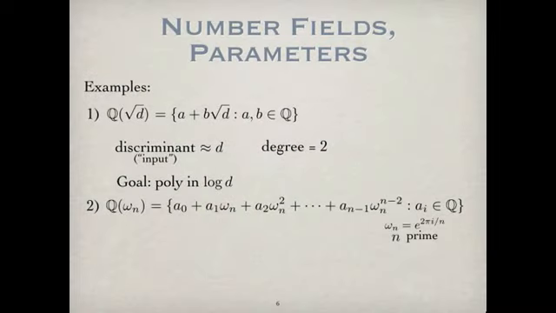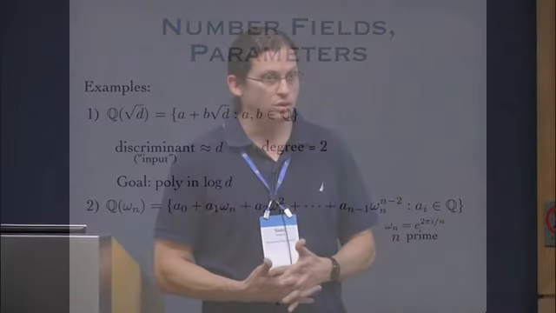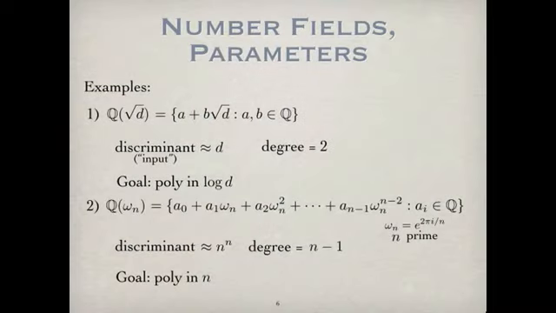Now here in this talk we're interested in higher degree number fields. So here's an example of one. It's the cyclotomics. So you take Q and you adjoin n-th root of unity. So here omega n is e to the 2 pi i over n. And so for example, if n is prime, then the discriminant is about n to the n, and the degree in this case is n minus 1.